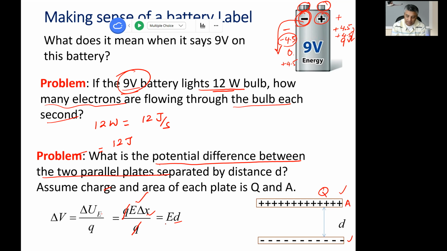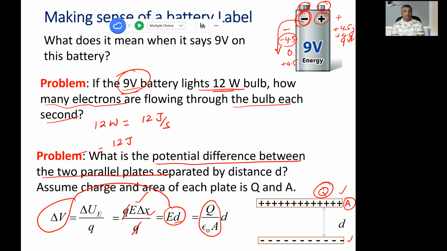And so now E can be found from this charge in A. We've been using that Q over epsilon naught times A, right? So that means we know everything here, which means we can find the potential difference. So basically, this also gives you the relationship between potential difference and the electric field. We didn't know, but now we derived it.